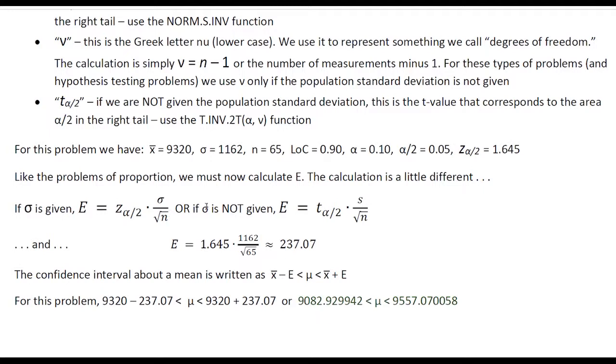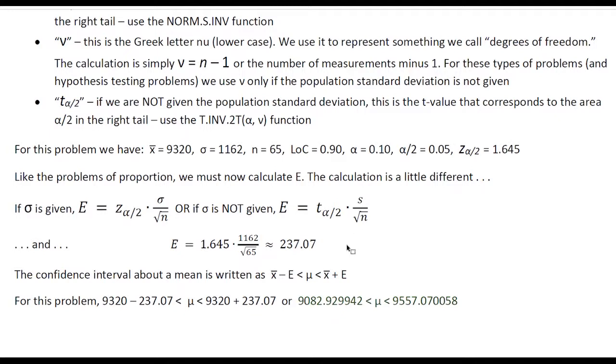Or, if sigma is not given, but we have a way of approximating it through S or another method, E would equal t sub alpha over 2 times S over the square root of n.